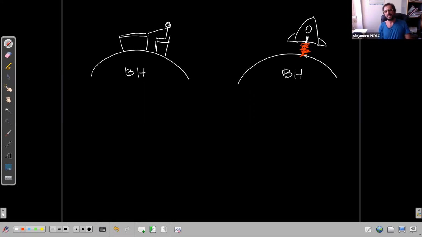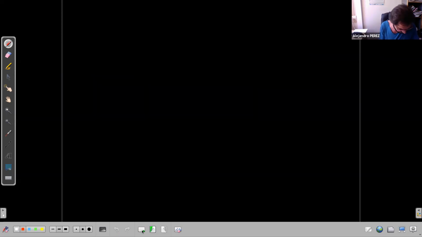And so you can define these observers as those which don't see spacetime changing at all around them, and are approaching or close to the horizons. These observers are interesting in some situations for interpreting some of the thermodynamical laws of black holes, and we might mention them again later. So now we get to the Penrose mechanism.